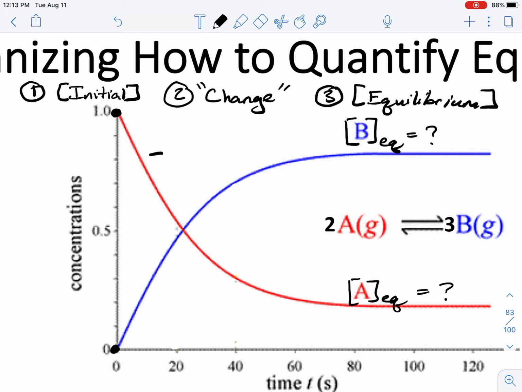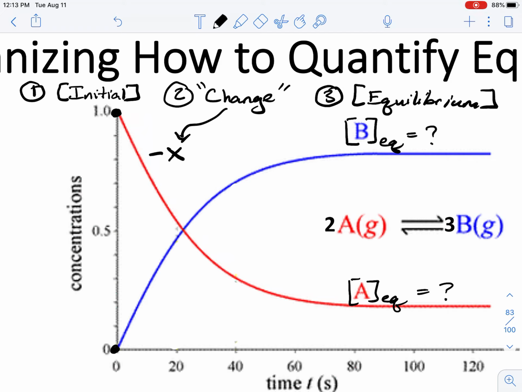Generally, since we don't know how much change is going to occur, we're going to represent the change as simply a minus x. This variable is going to represent the unknown change that's going to occur in the system.